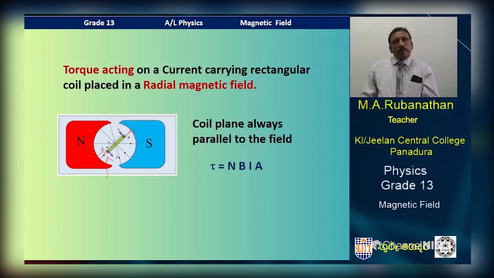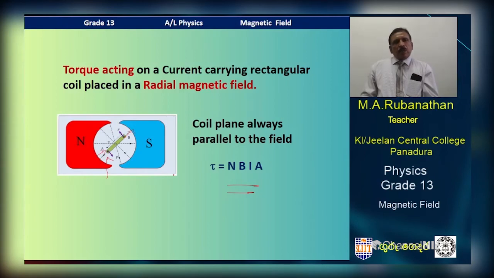Therefore, we already got the result that tau is equal to NBIA. So when the rectangular coil is placed in a radial magnetic field, the torque acting on it is equal to NBIA, because the coil is always parallel to the magnetic field.